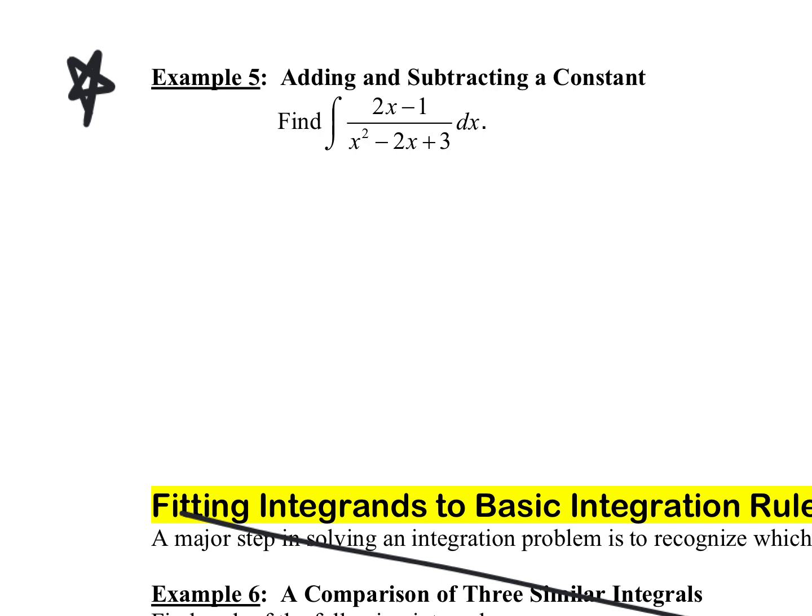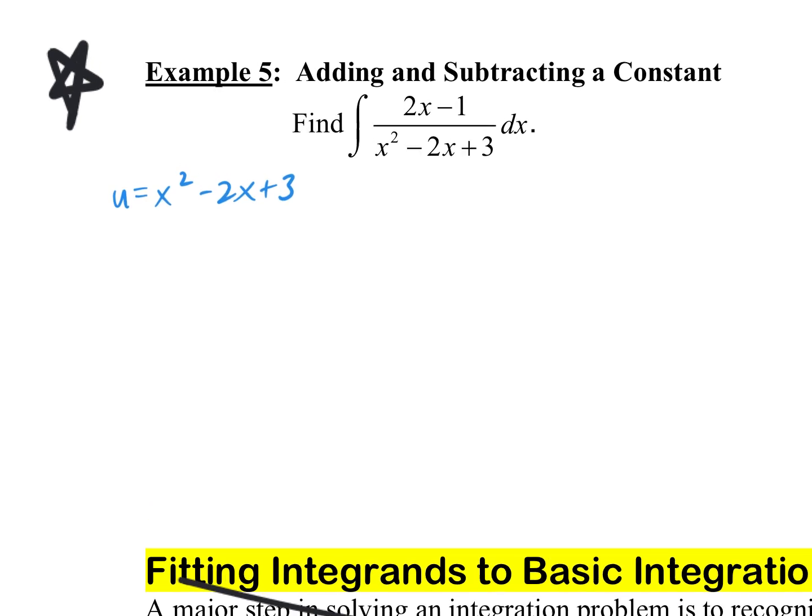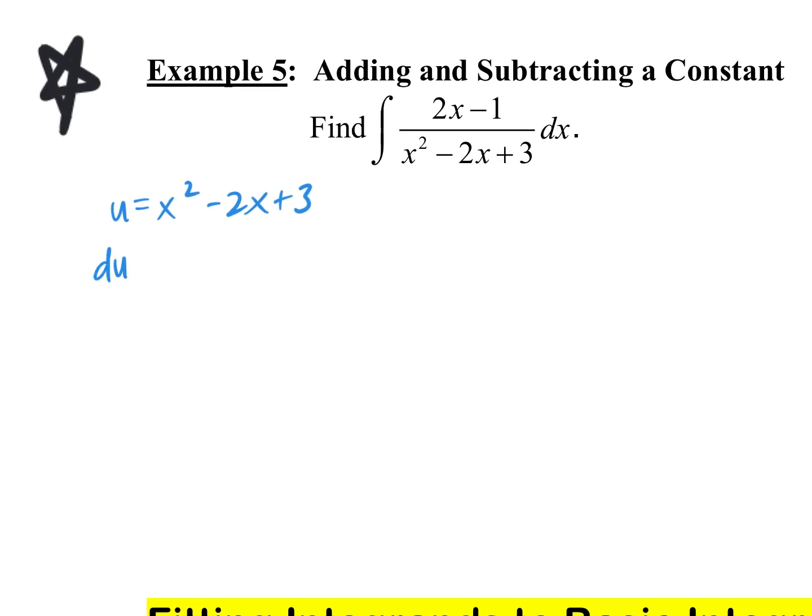But what we're going to do instead is let u equal x squared minus 2x plus 3. What is the derivative of that going to give me? 2x minus 2, right? Times dx. Now, 2x minus 2, well, that's not what I have, because I have 2x minus 1.